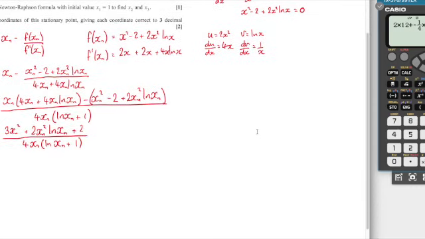Right, so we've done that. Apply the Newton-Raphson formula with initial value x1 equals 1 to find x2 and x3. So x1 equals 1.